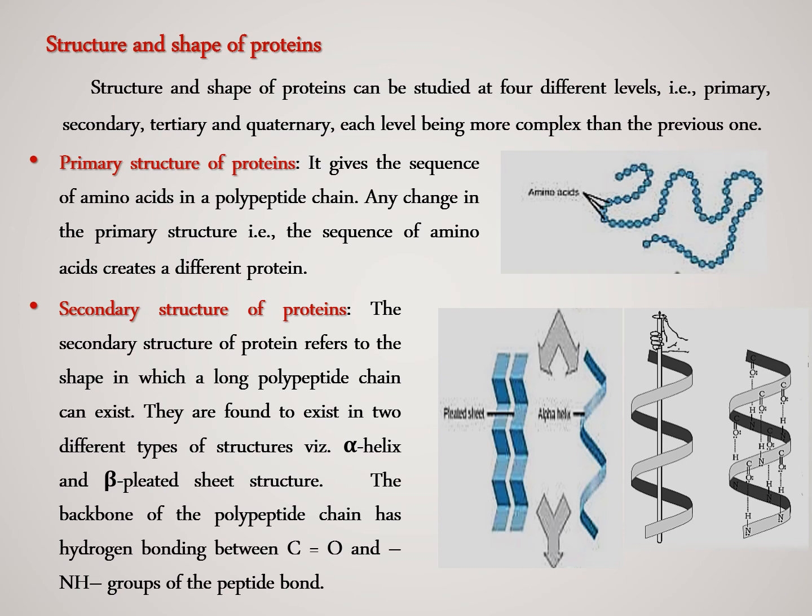This is what you are having in the arrangement of the bonding between the C=O and NH group, giving rise to the helical structure. Some of the examples for the helical structure is the alpha keratin, which is found present in the hair.